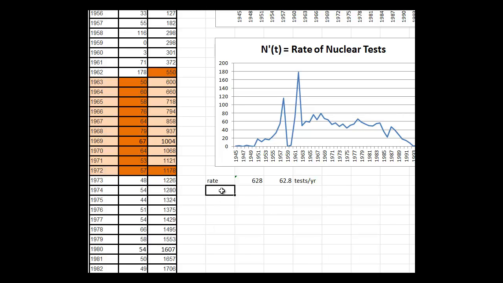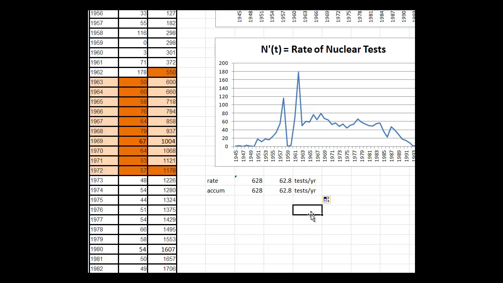So it follows then that the total we need to work with, if we're looking at the accumulation table, is actually the difference between the end point and the beginning. It's also 628. Okay. So we want to divide that by 10, and we get the same result.